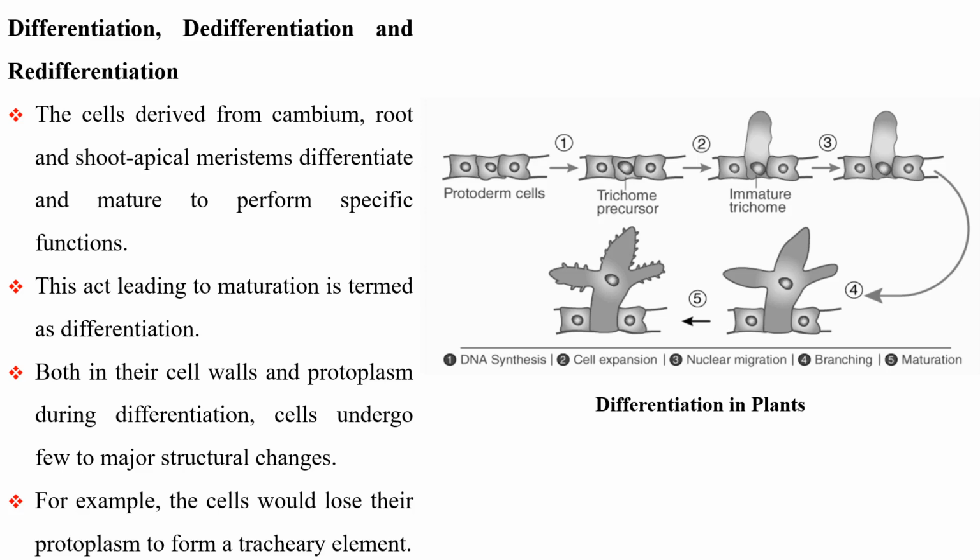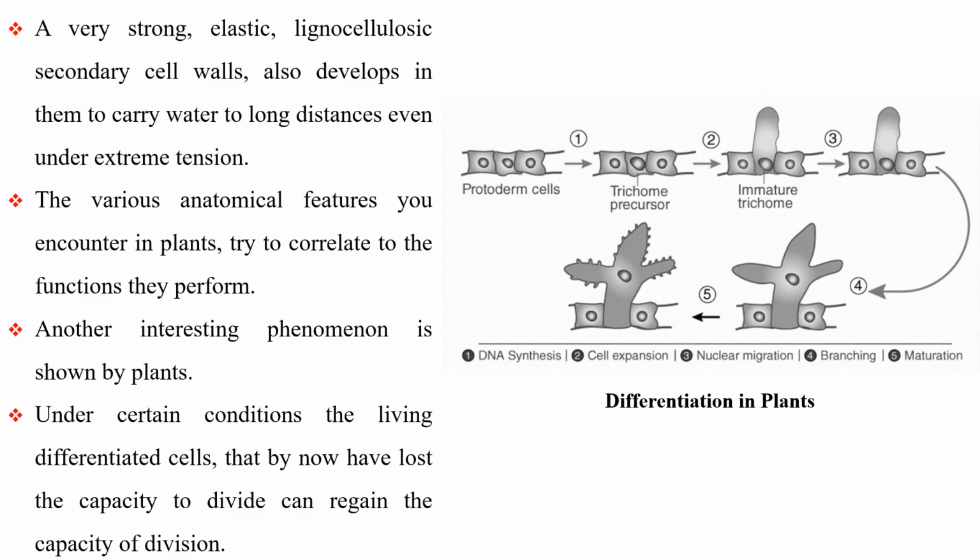For example, the cells would lose their protoplasm to form a tracheary element. A very strong elastic lignocellulosic secondary cell wall also develops in them to carry water to long distances even under extreme tension. The various anatomical features you encounter in plants, try to correlate to the function they perform.